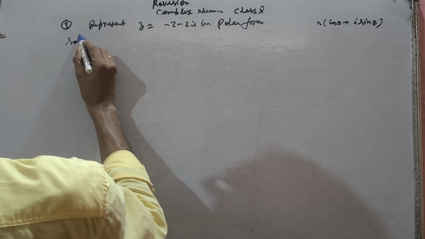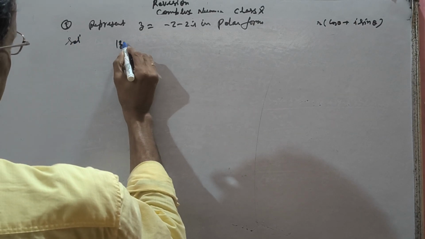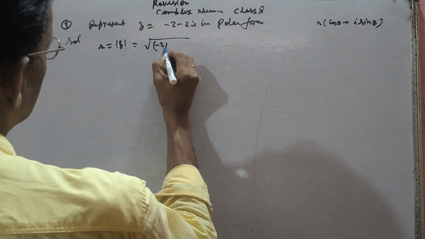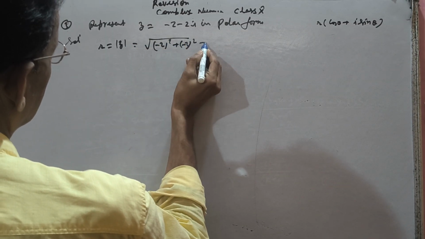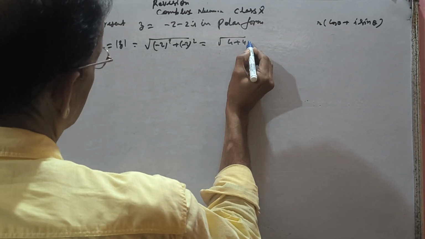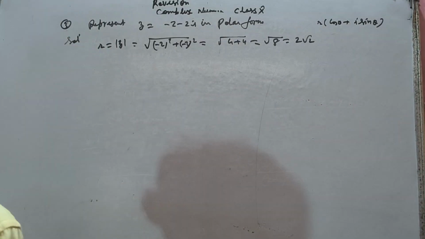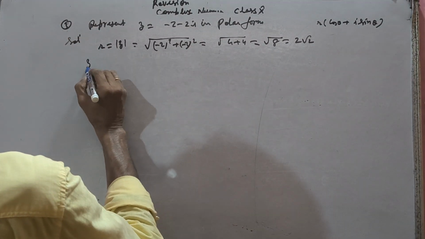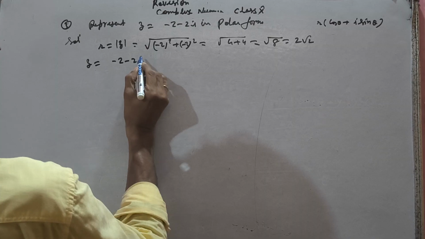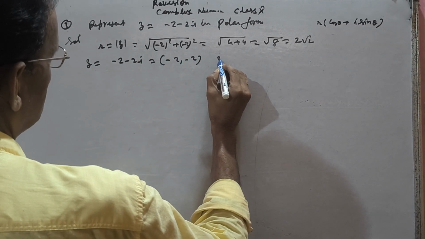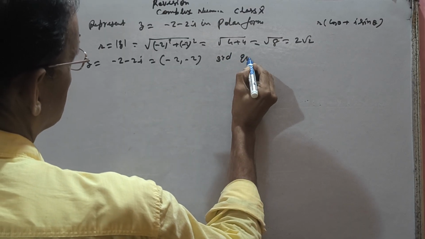To start the solution, first find the modulus: r equal to modulus z equal to root of -2 whole square plus -2 whole square, equal to 4 plus 4 equal to 8, equal to 2 root 2. This is r. Now since z equal to -2 minus twice I, the corresponding ordered pair is -2, -2, so it will lie in the third quadrant.